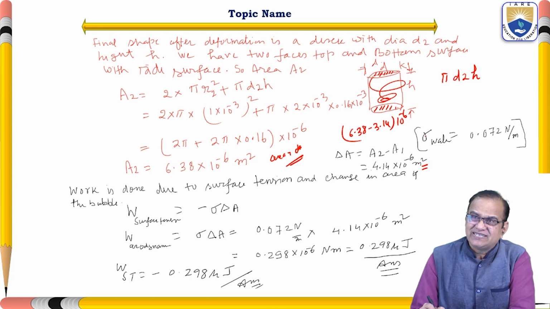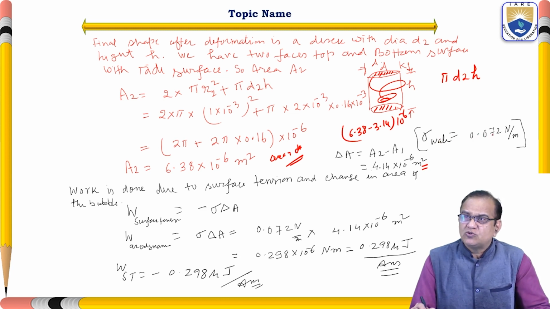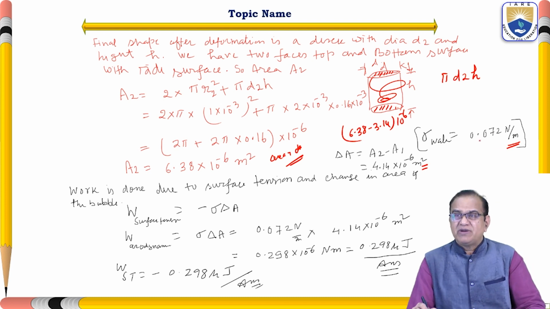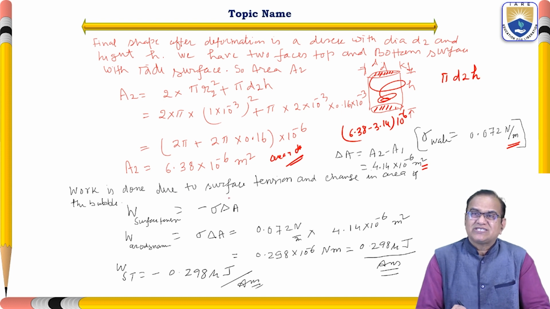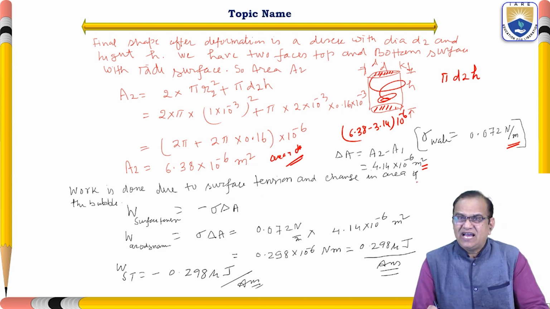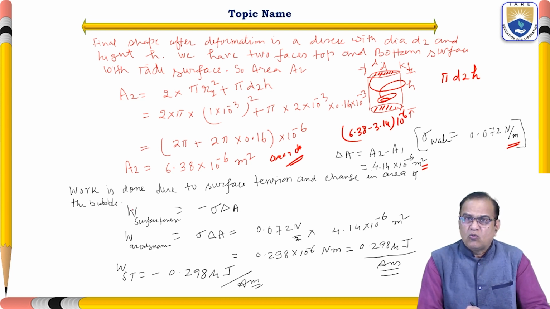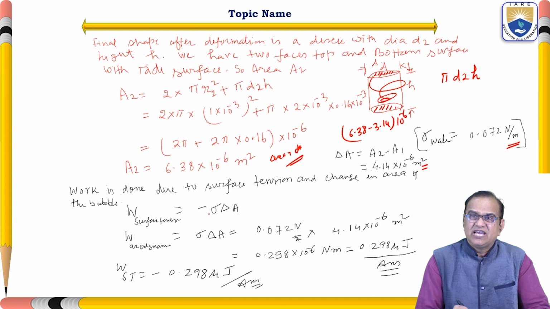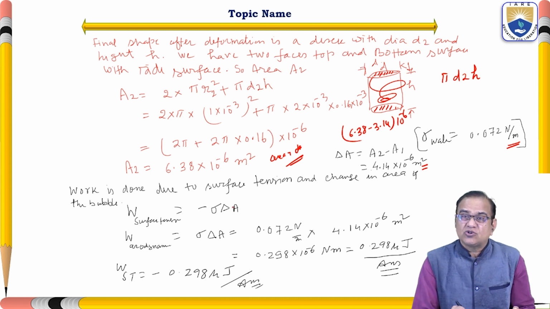We also know that the sigma of the water, that is the surface tension of the water, is 0.072 Newton per meter. Okay, so this we should remember. Here work is done due to the surface tension and change in area of the system. So work due to the surface tension is equal to minus sigma delta A. Action and reaction, so opposite force.